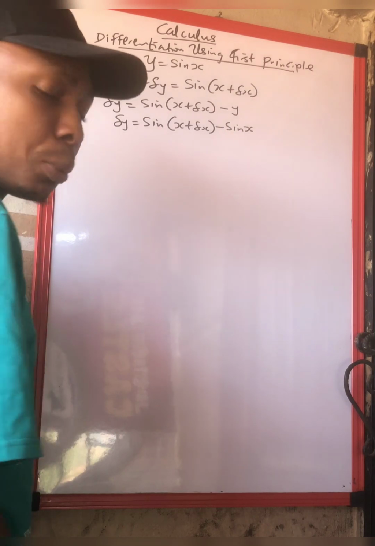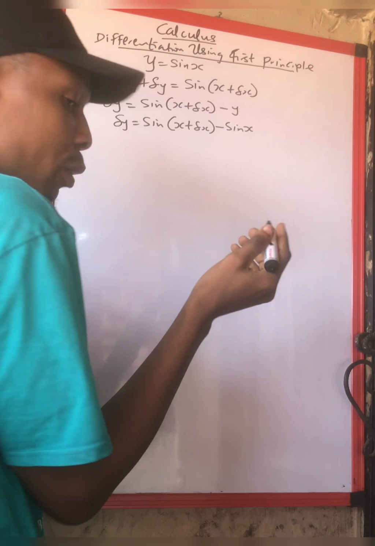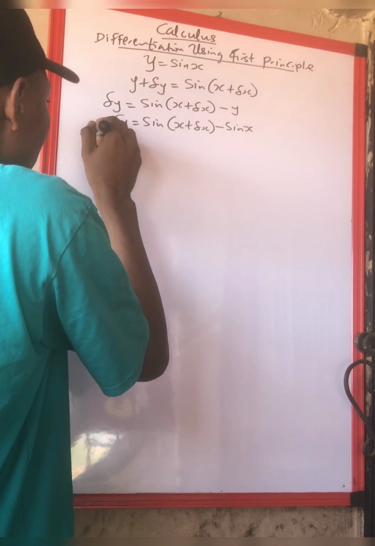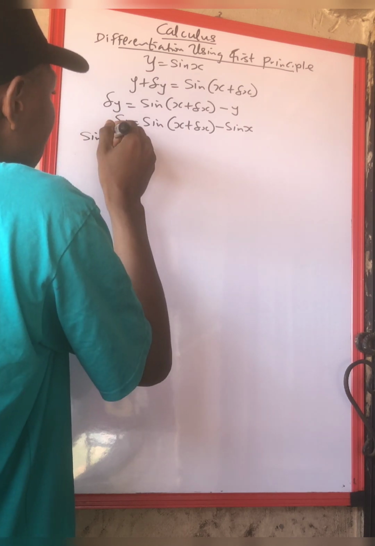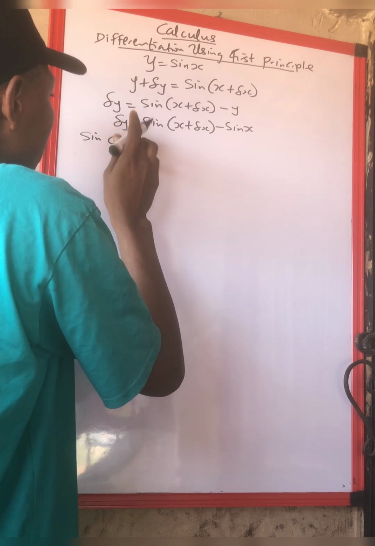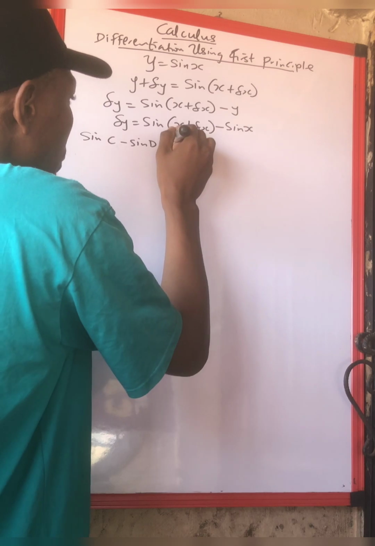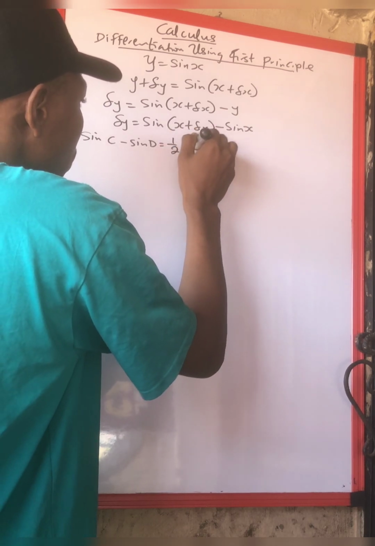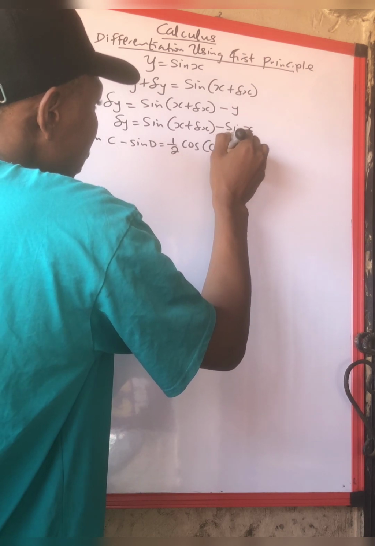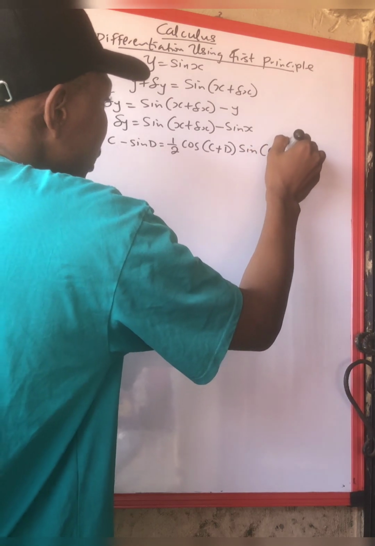Now in first principle, whenever you have sine of this minus sine of this, you are going to apply this formula. Whenever you have sine c minus sine d, it is the same thing as 2 cos of half c plus d, then sine of half c minus d.